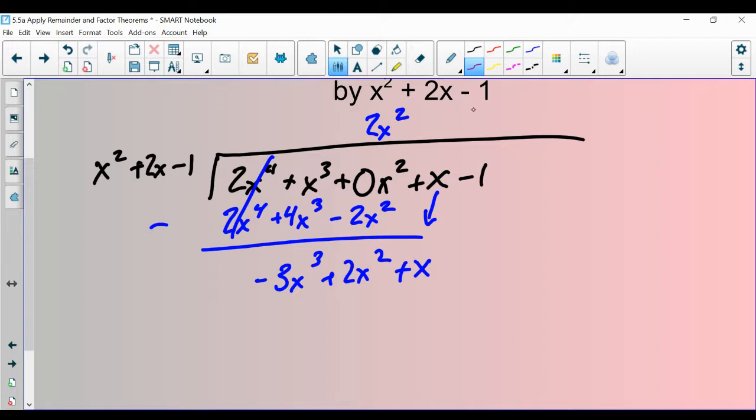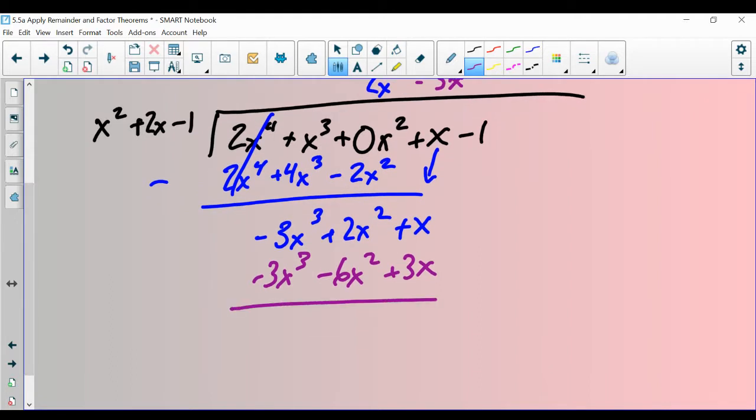The first question you start out with is, what do you multiply x squared by to get negative 3x to the third? Hopefully you guys are agreeing that that would be negative 3x, because negative 3 times 1 would be the negative 3, and the x times x squared would be the x, negative 3x cubed. Negative 3x times 2x would be negative 6x squared, and negative 3x times negative 1 would be positive 3x.